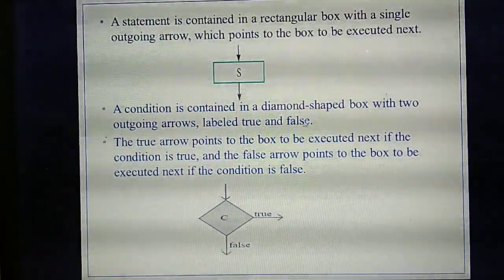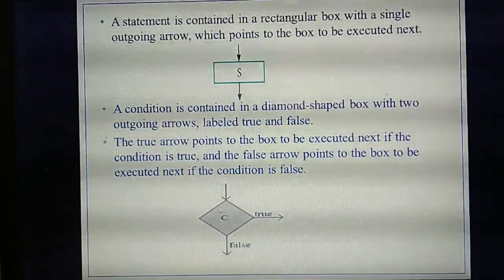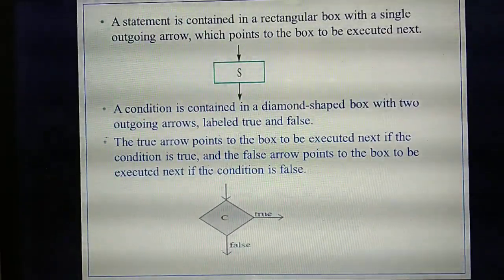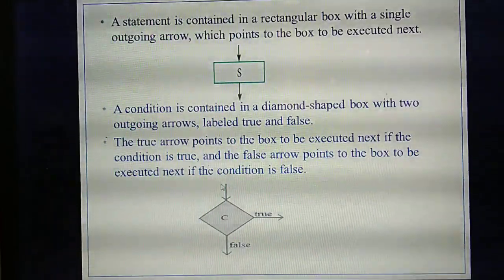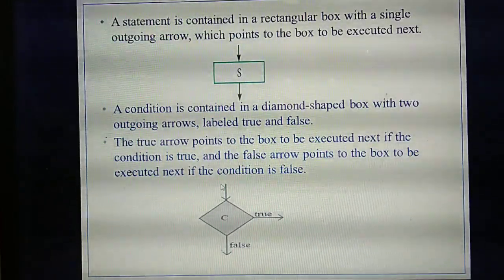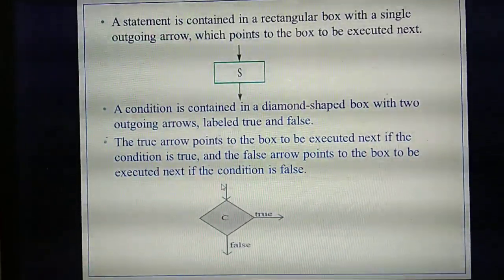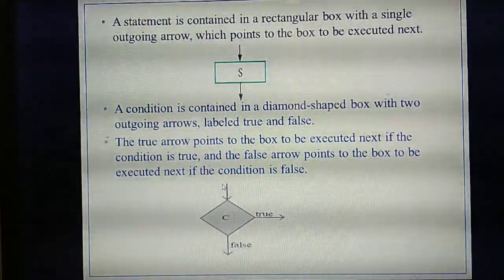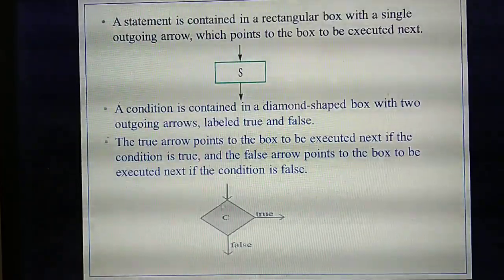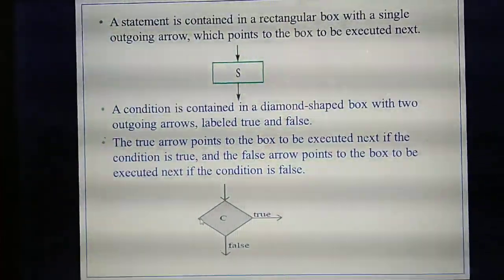Yes. The next thing is the diamond shaped box. See, this is called the diamond shaped box. Okay. What's the use of the diamond shaped box? Condition. If you are going to check any condition, you need to give that condition in the diamond shaped box.